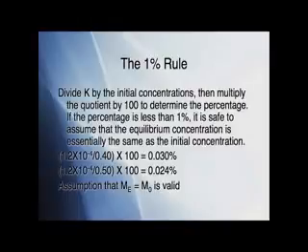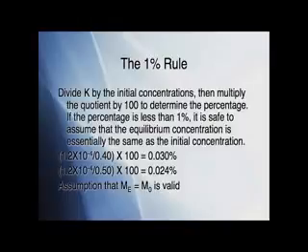So for the carbon monoxide, we're going to take 1.2 times 10 to the negative fourth divided by the 0.40 moles per liter. We'll multiply that quotient by 100, and it gives us an answer of 0.030%. For the chlorine gas, we have 1.2 times 10 to the negative fourth divided by 0.50 moles per liter. We multiply that quotient by 100 to get 0.024%.